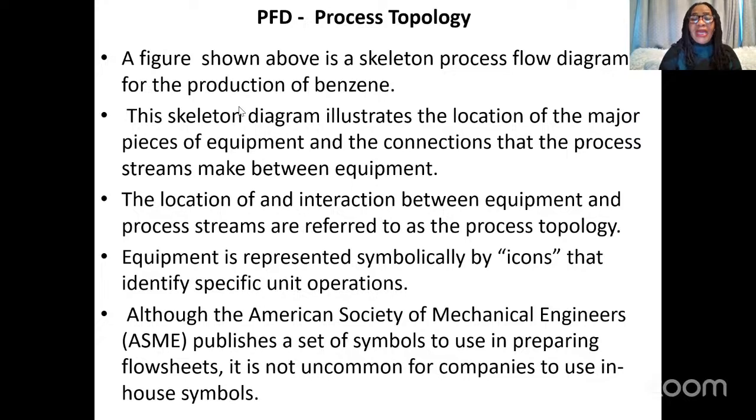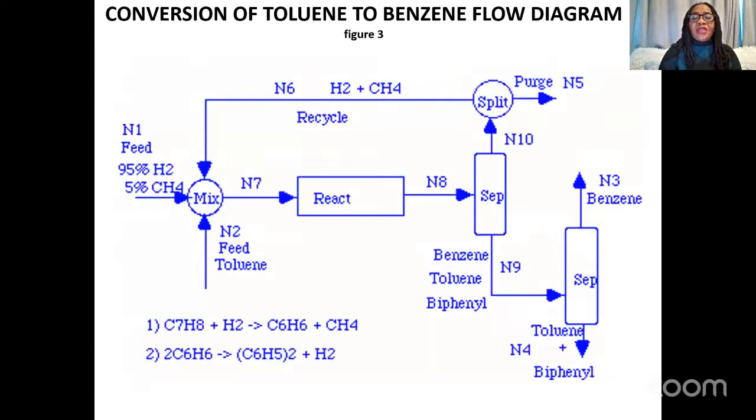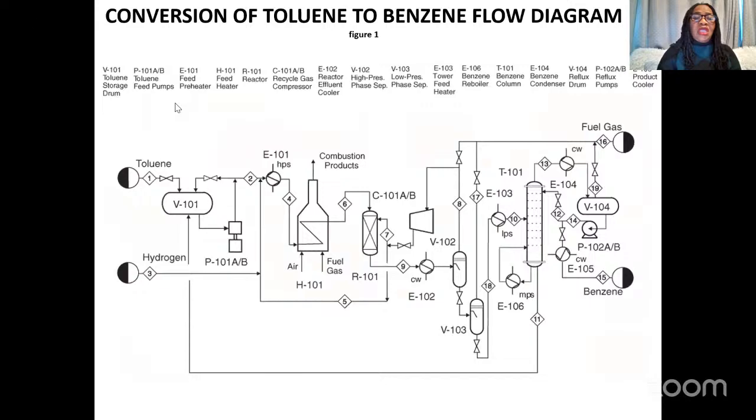So I'm going back to figure 1 now to show you what we're talking about: location of major equipment and the connections that the process streams make between the equipment. You see the location of the major equipment, for instance, V101, and you see the process stream connection. You can see here stream 1 connecting to V101.